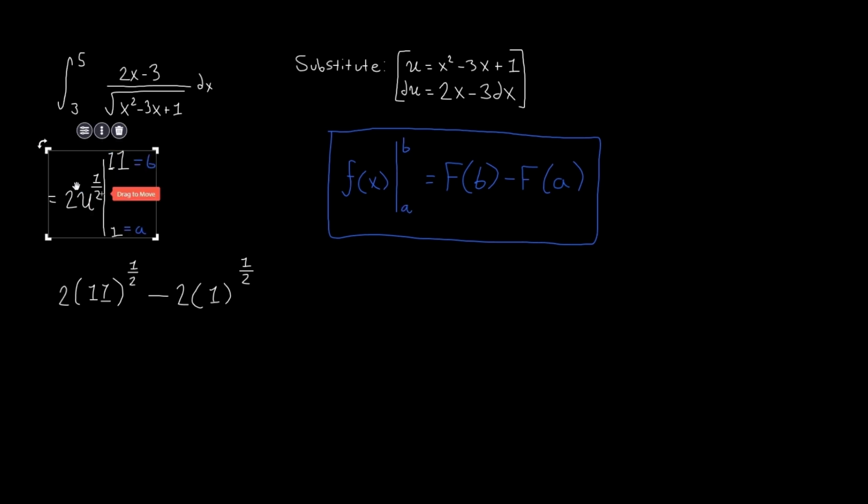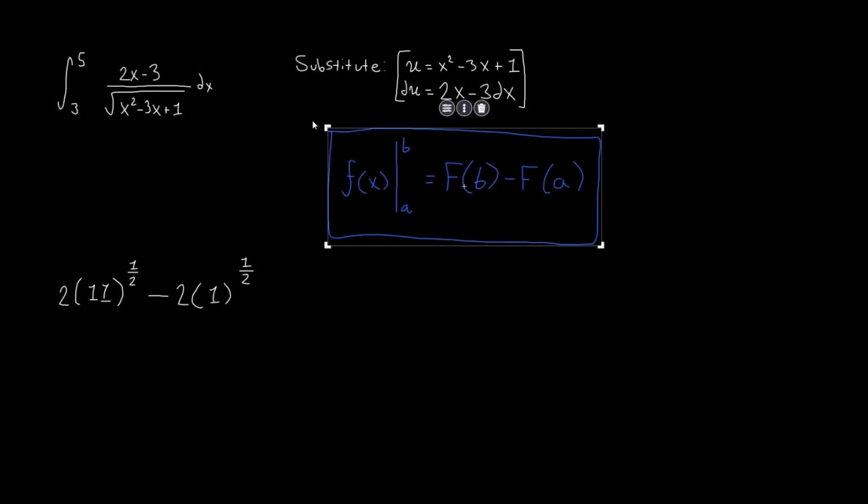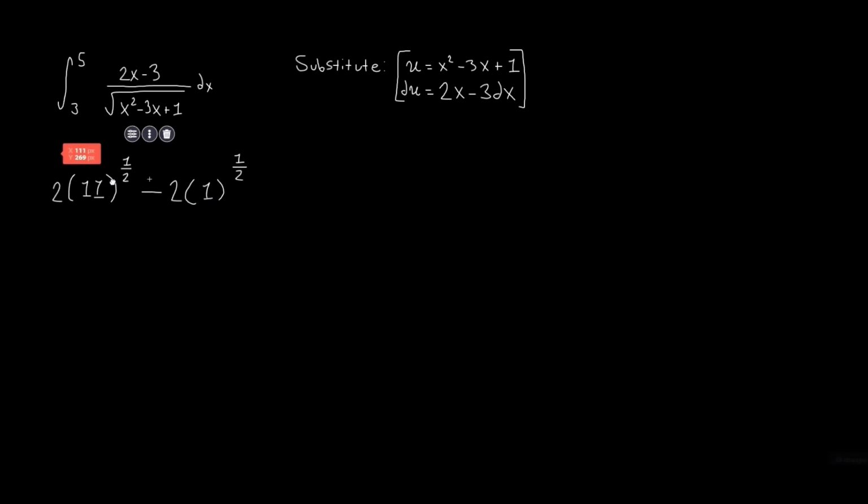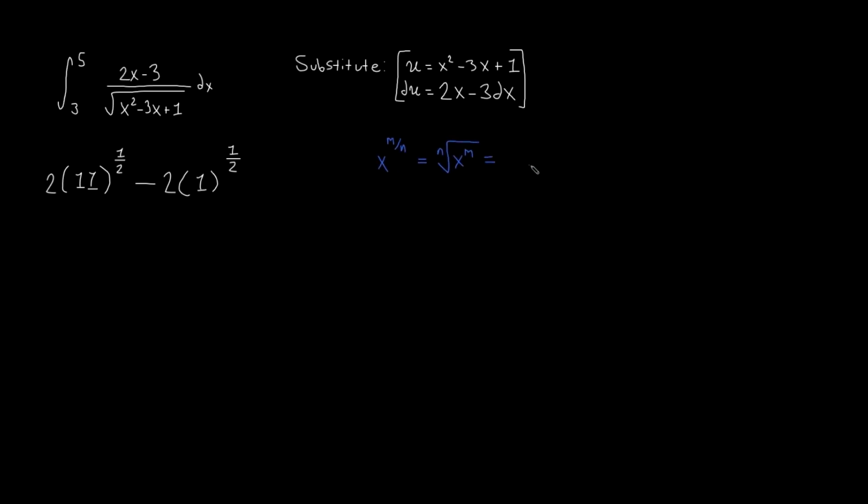All right, so I do need a bit of room here, so I'm just going to move these out of the way. And I'm going to bring this up because now there's a rule for fractional exponents and radicals that we need to apply. So all three of these things mean the same thing. It's just switching forms.